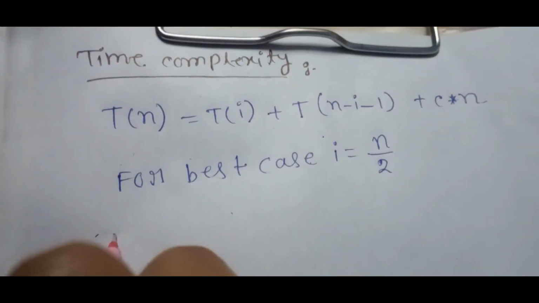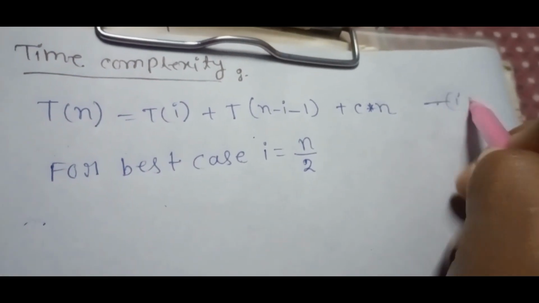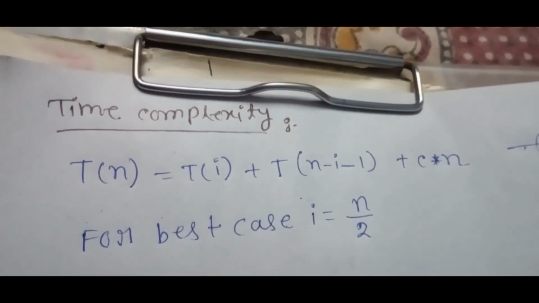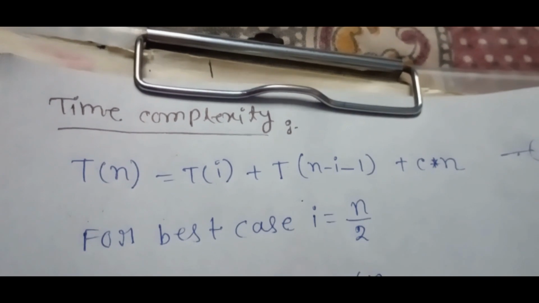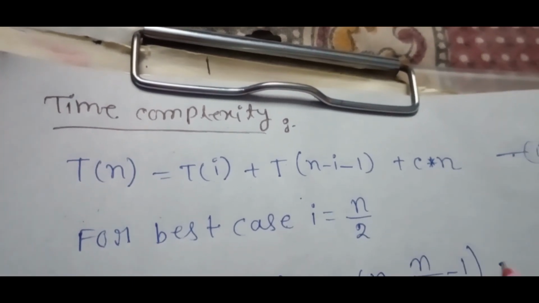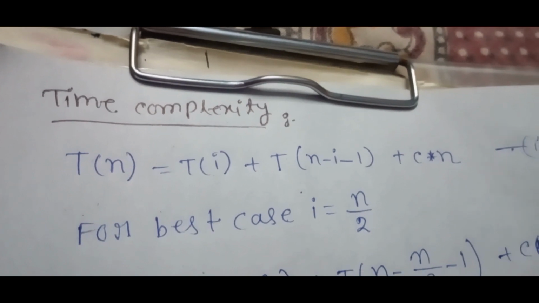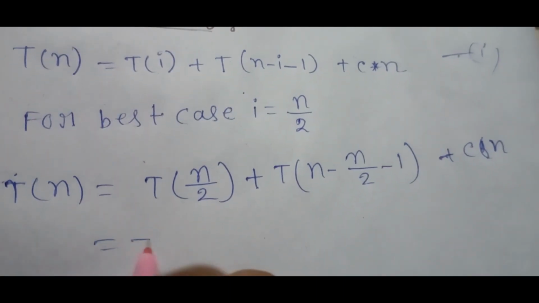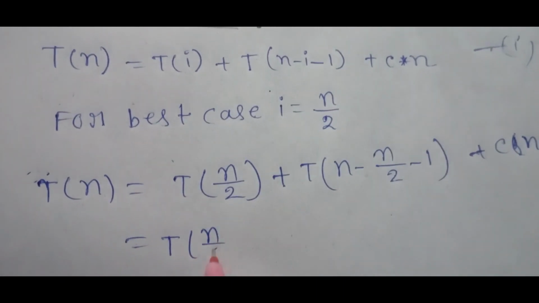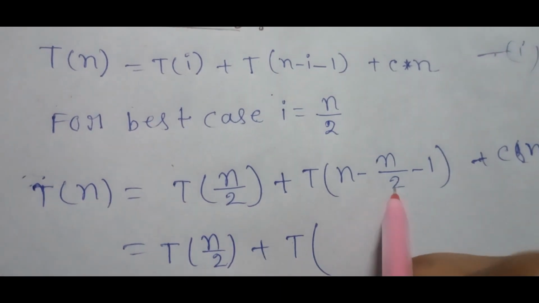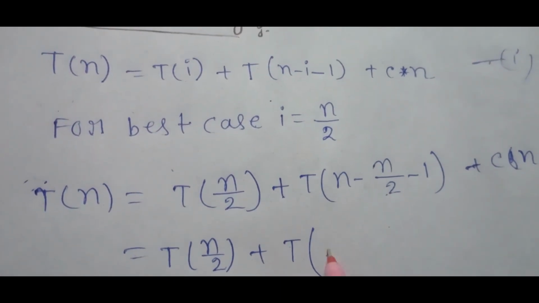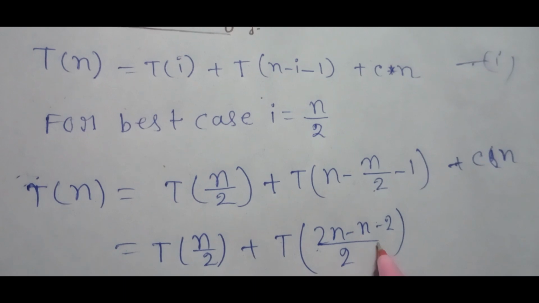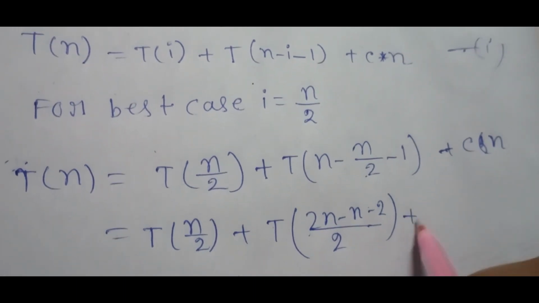So putting the value of i in equation number 1, we get T(n by 2) plus T(n minus n by 2 minus 1) plus Cn.